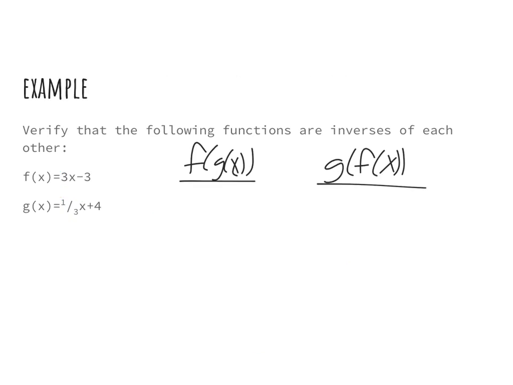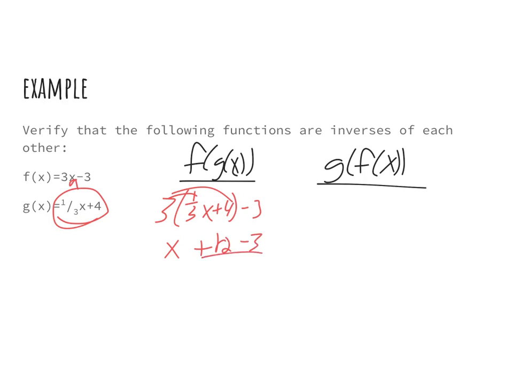So for our next example, we've got f of x is 3x minus 3, and g of x is 1/3 x plus 4. So the first thing we're going to do is we're going to do f of g of x. So we're going to take g of x here, plug it in for x in f of x. So instead of 3x minus 3, I'm going to do 3 times 1/3 x plus 4 minus 3. Distribute the 3. 3 times 1/3 x is 1x, or just x. 3 times 4 is 12.